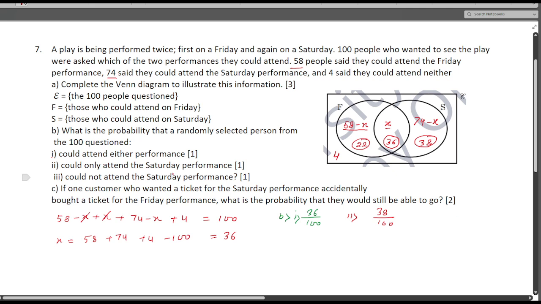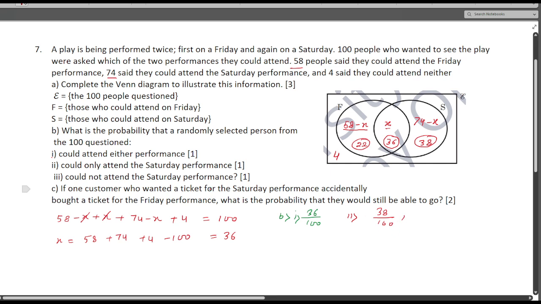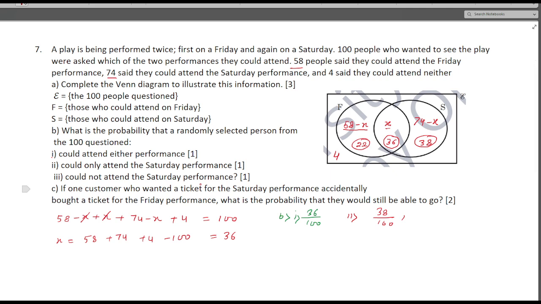And third, could not attend the Saturday performance.